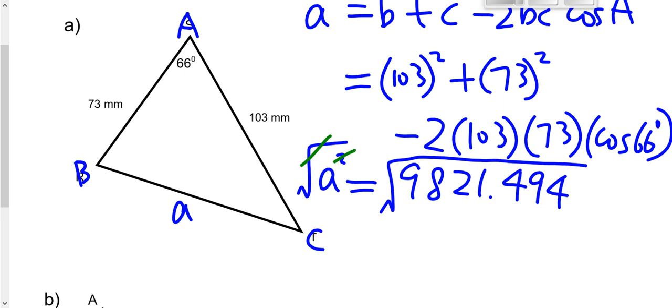So if you punch that in, a is 99.1. Or maybe we should keep that to the nearest whole number because there's no decimal, so 99. And of course, there is a unit. The length in this example is millimeters. So done.